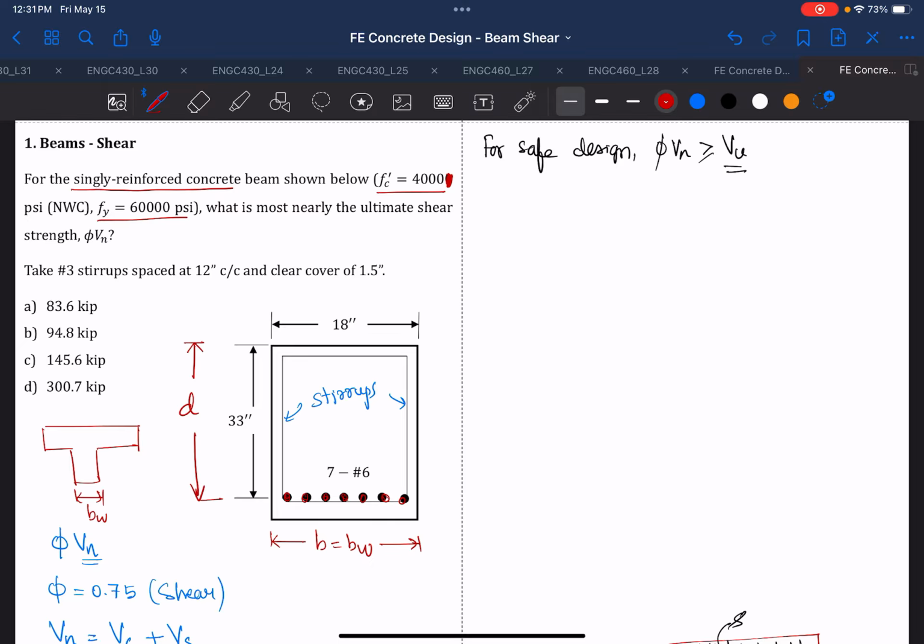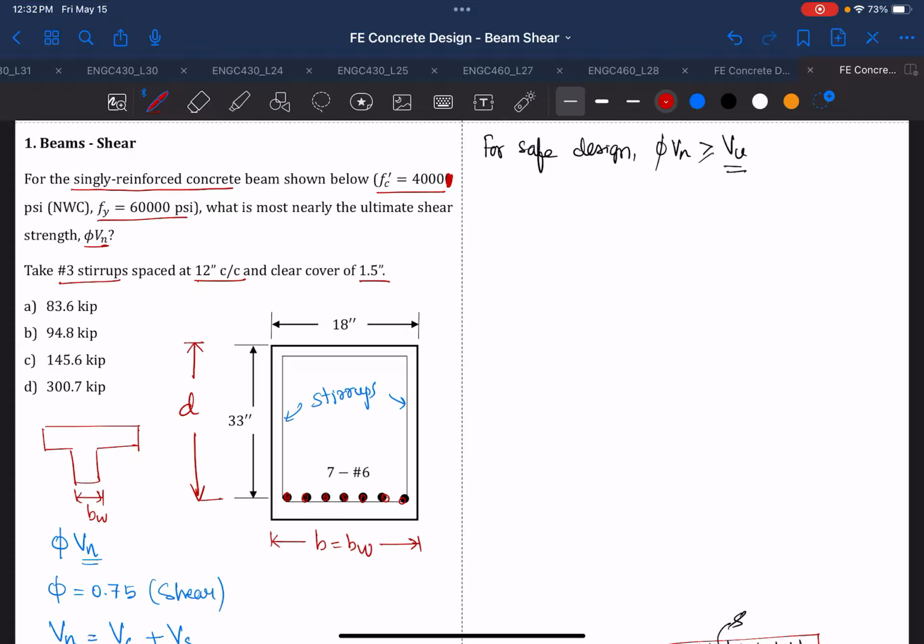And what is the nominal ultimate shear strength, or design shear strength, provided by the concrete and stirrups? You are given that the stirrups are number 3, the spacing of stirrups is 12 inch center to center, and clear cover is 1.5 inch.